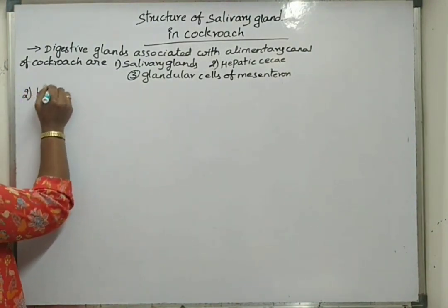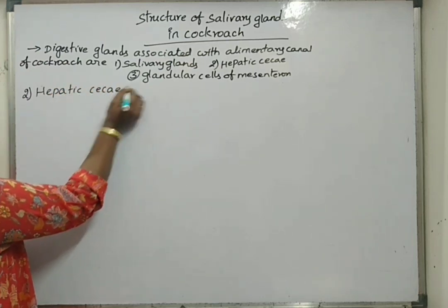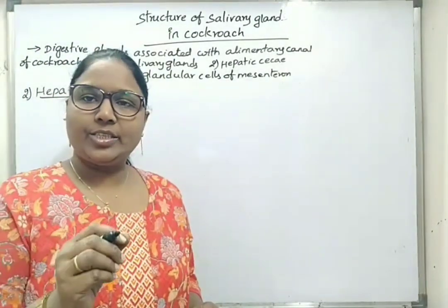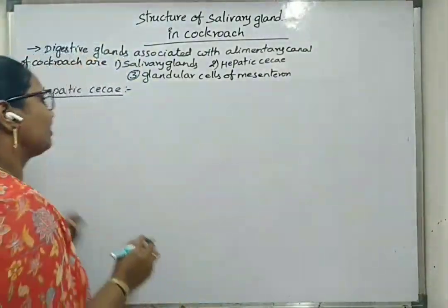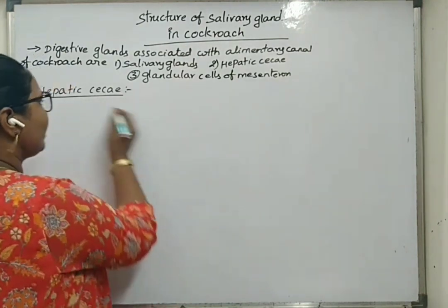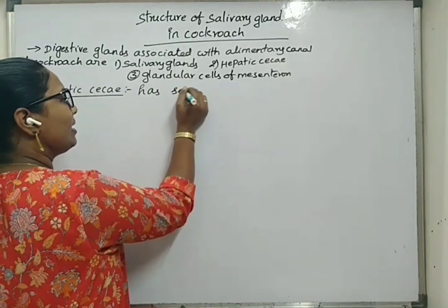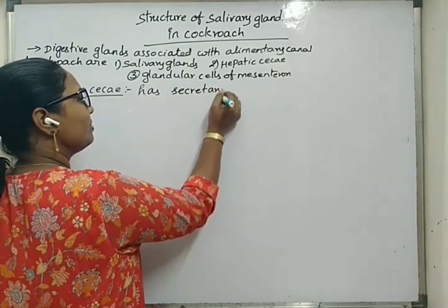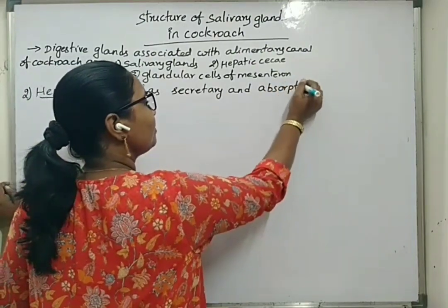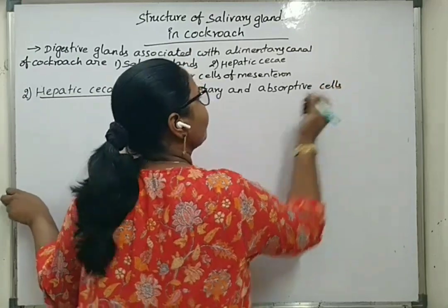Second one, hepatic cecae. Hepatic cecae are located at the junction of foregut and midgut. These are 6 to 8 in number on either side. So hepatic cecae has secretory and absorptive or absorbing cells.